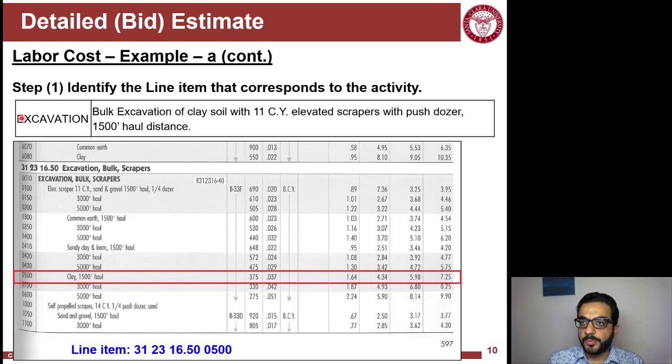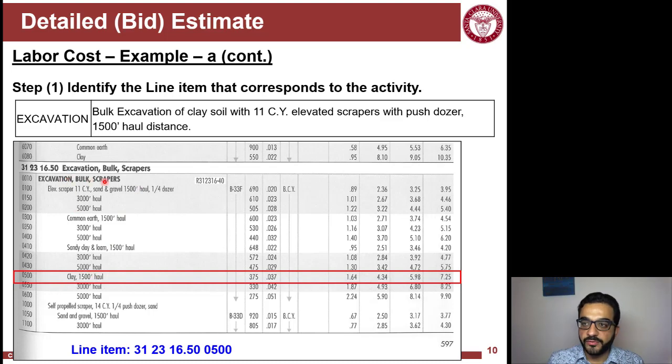So by the description here, this description of the bulk excavation, it matches with this. It's a clay, 1500 foot haul, elevated scrapers, 11 cubic yard size, with a dozer of a quarter cubic yard. You're dealing with not sand and gravel. You see here it's substituted by clay, and it's 1500 feet haul, the same as this one.